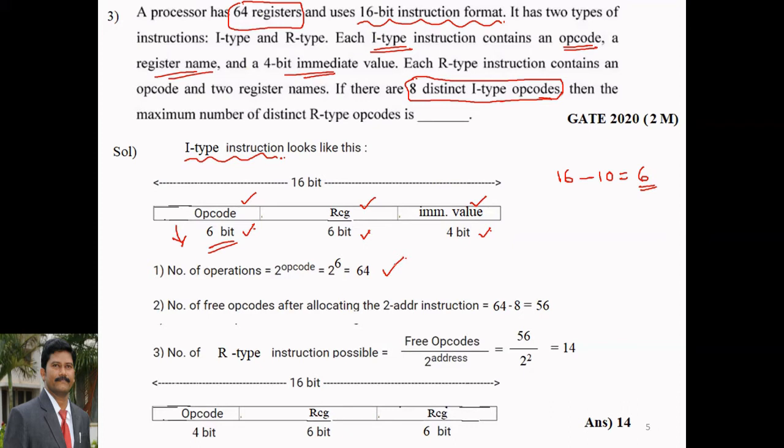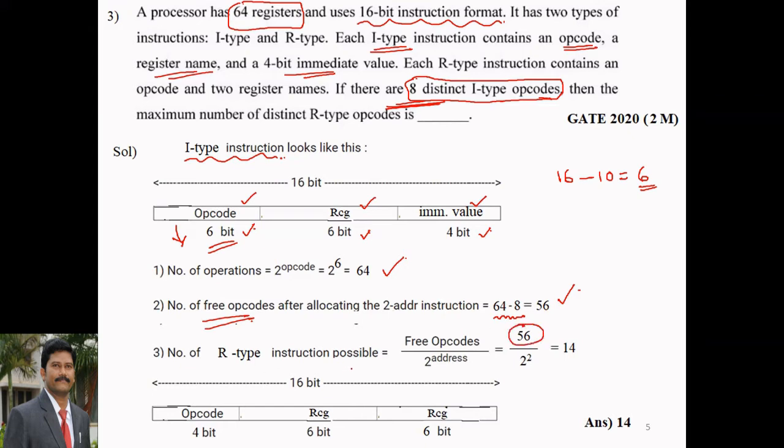Now how many are already given? 8 distinct I type opcodes are given. Then how many free opcodes are there? That is 64 minus 8 already given. So 56 instructions are free here. So that 56 you have to take.